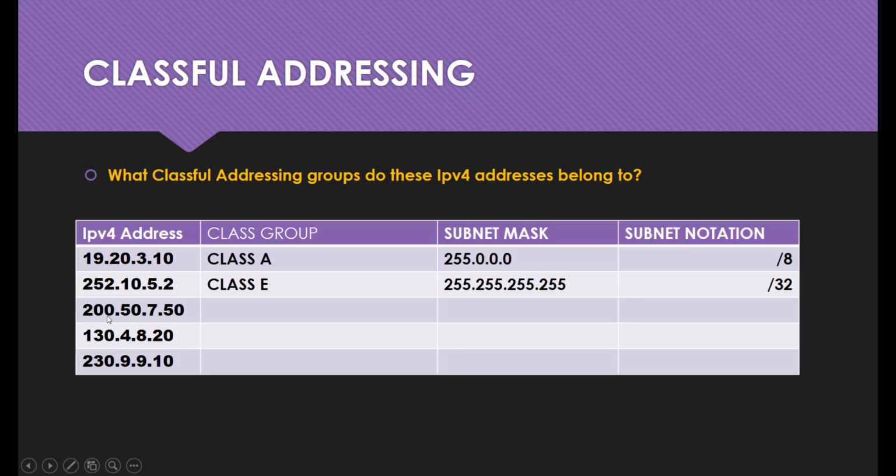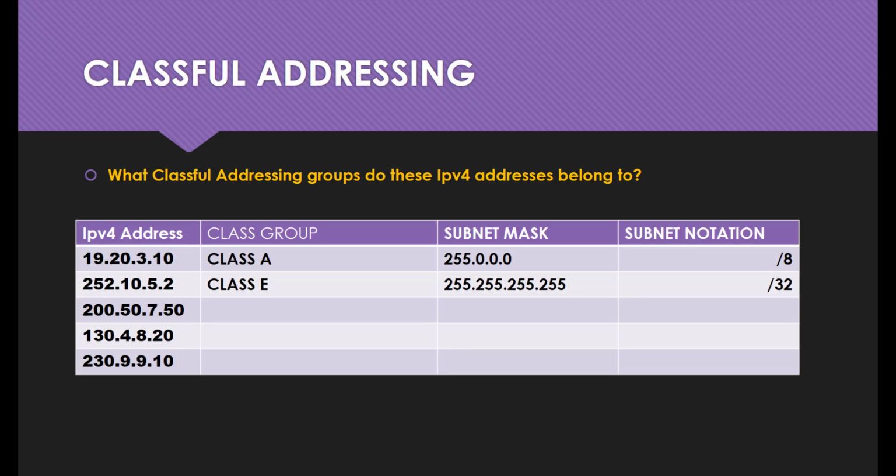So let's try this, 200.7.50. So where does 200 fall within what IP first octet range? And we can start with our IP addressing table, and we can see that 0 to 128, which is class A, 128 to 192 class B, and guess what, 192 to 224, which is class C, and 200 falls between 192 to 224.